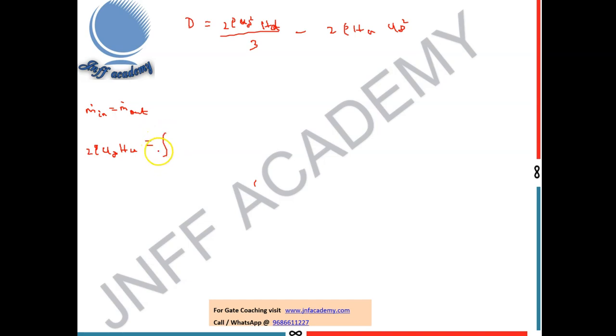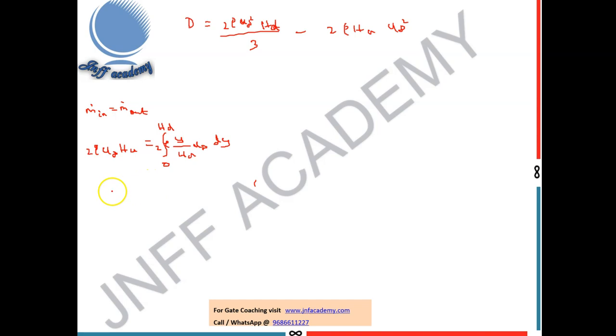What is m dot out? Integral, again here you can put the same thing, 0 to ht, y divided by ht into u infinity, rho will be there, dy.